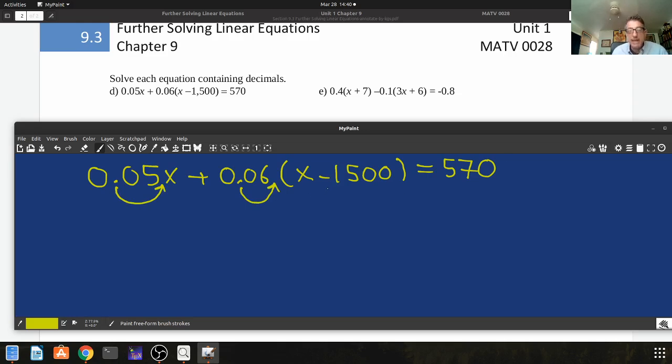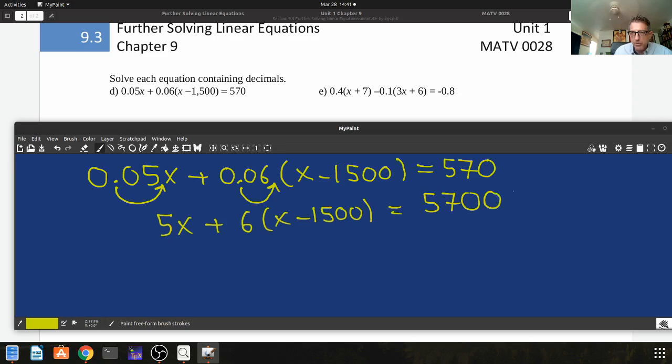Basically what I'm doing is multiplying both sides by 100. So that's going to give me 5x plus 6 times x minus 1,500. And here I have to move the decimal 2 places to the right too. So that just means I add 2 more zeros.